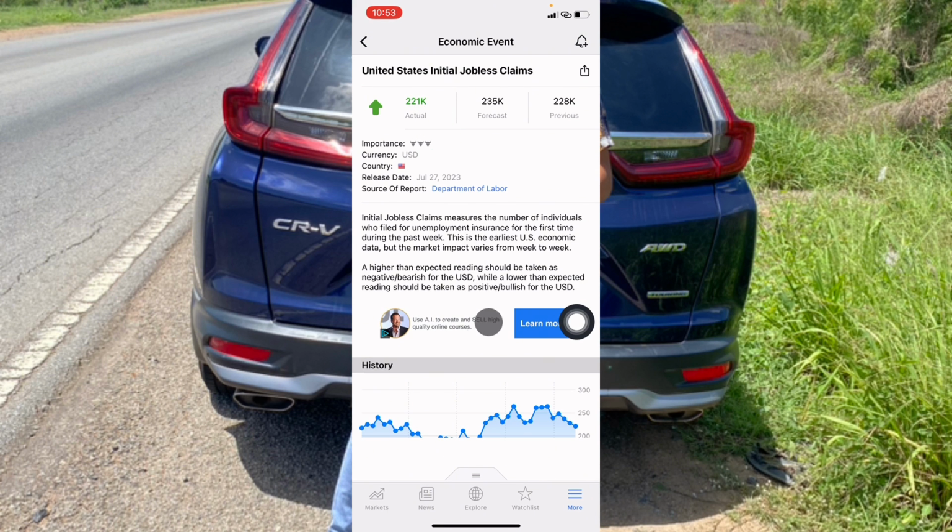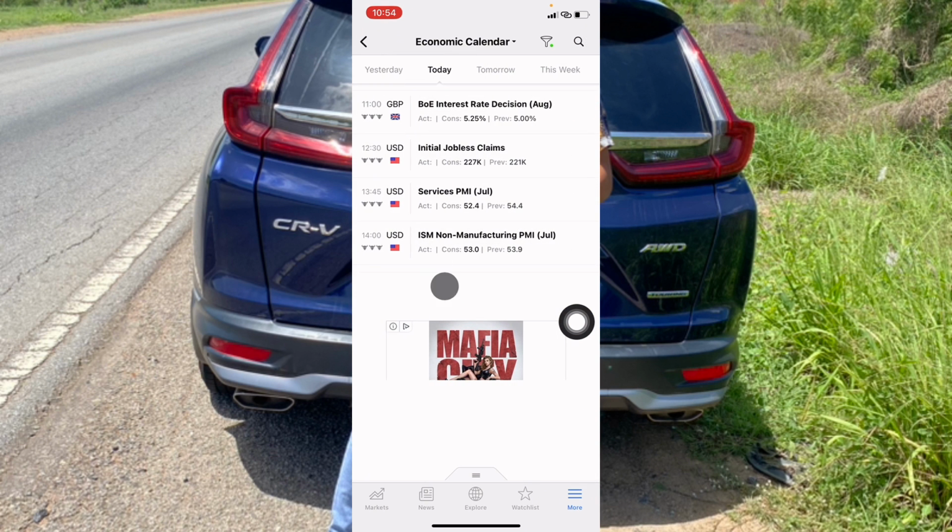And if something is good for the dollar, it's bad for crypto, bad for USDT and all altcoins, Ethereum, BTC, and all the coins, whether XRP. So if there is news coming out and the news is good for the US dollar, it will automatically be bad for gold and also cryptocurrencies. This is how you use investing.com to determine the news.